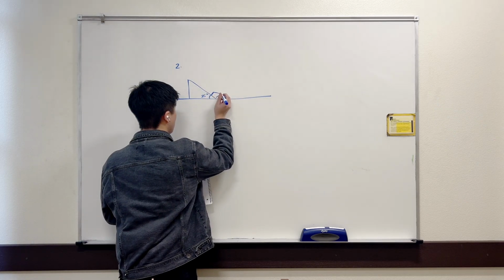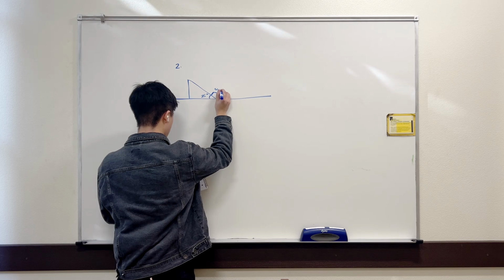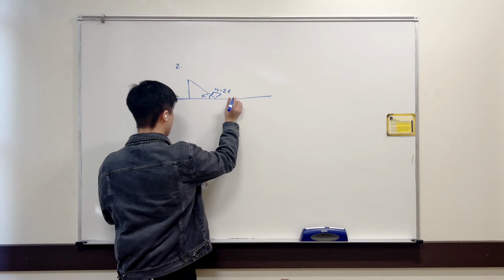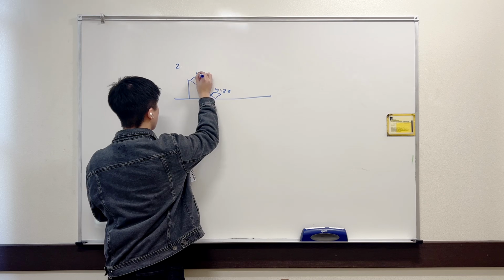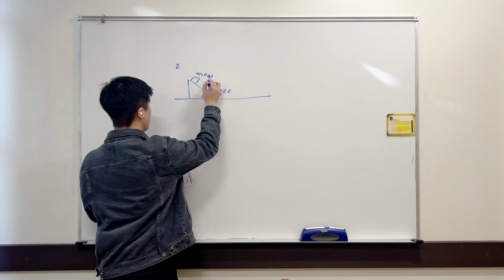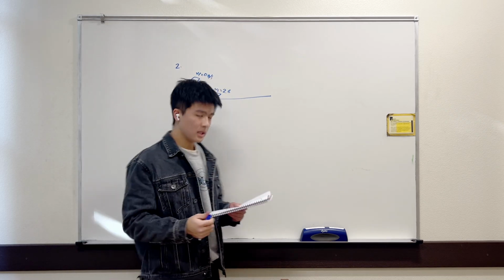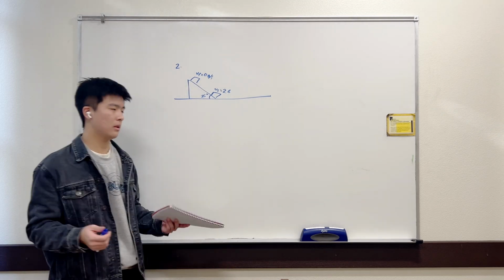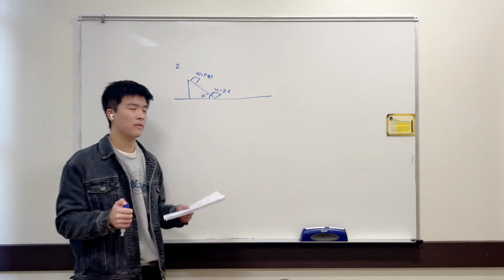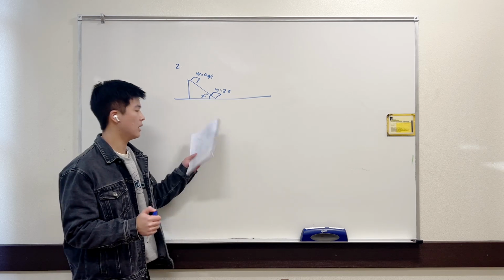And here, the initial velocity is 2.6, and then at its very top, vf is 0 meters per second. And so given this, we were to find the acceleration of the object in this system.